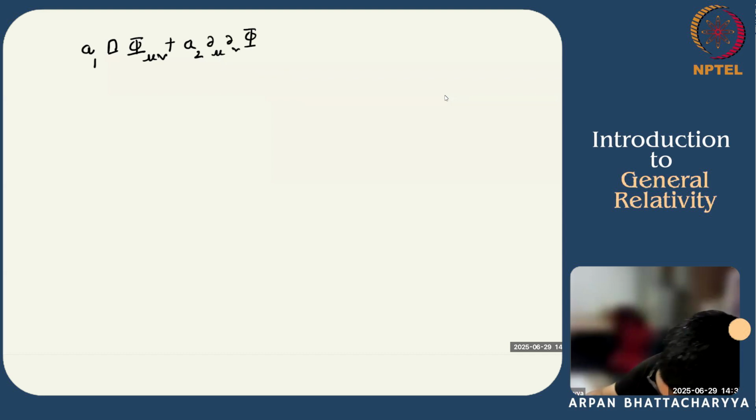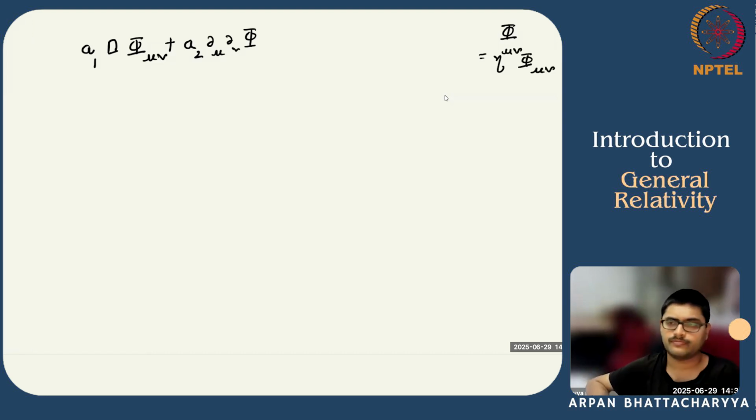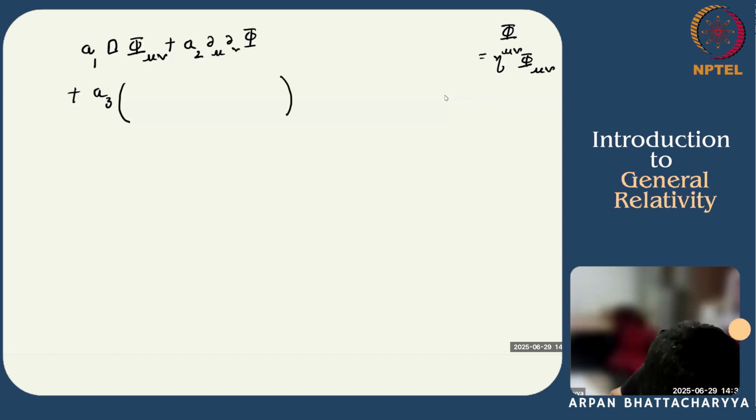And what is this capital phi? Capital phi is the trace of the phi mu nu field. Then we can have A3 multiplied by a combination del mu del lambda, where this lambda will be contracted with one of the indices of phi, and of course we can interchange mu and nu, another possibility.